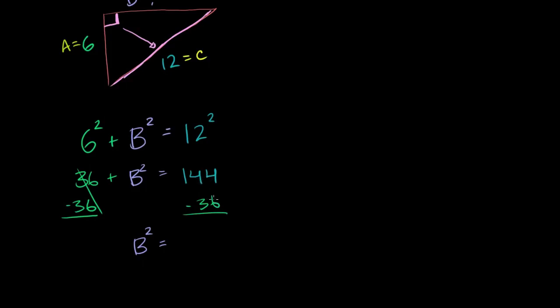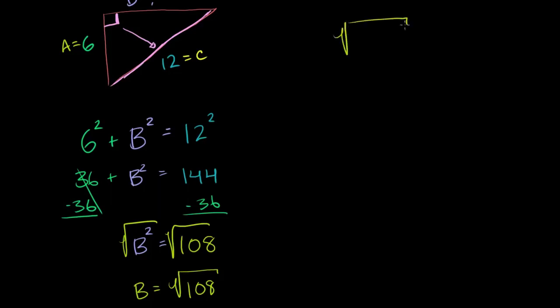And then you subtract 6 is 108. So this is going to be 108. So that's what b squared is. And now we want to take the principal root, or the positive root, of both sides. And you get b is equal to the square root, the principal root, of 108. Now let's see if we can simplify this a little bit.